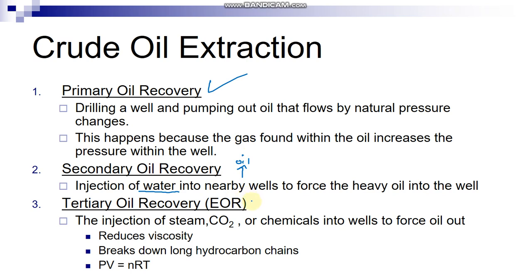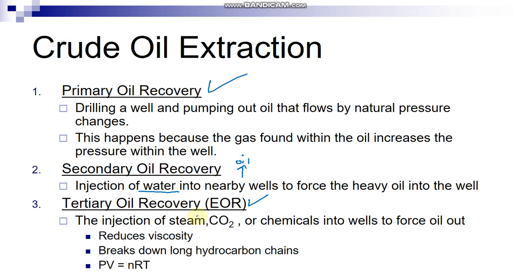And the third way of crude oil extraction is tertiary oil recovery, or EOR, or enhanced oil recovery. The ultimate goal here is to reduce the viscosity of the oil. Like, you could shoot chemicals into the well that breaks down the hydrocarbons.